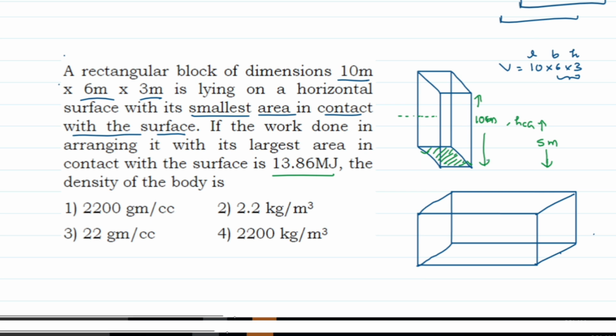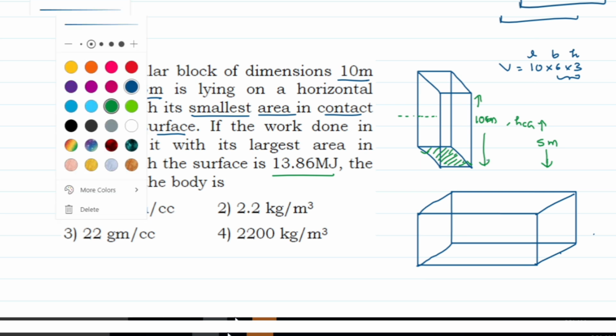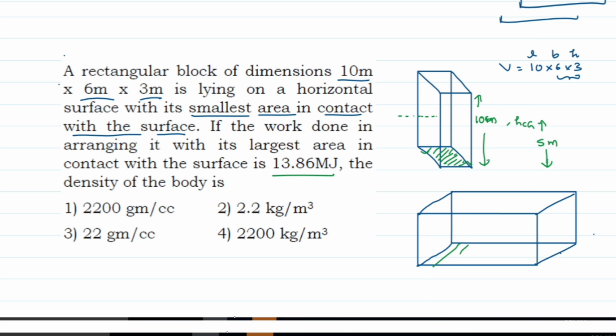This is the area which is going to be in contact with the ground, and the highest area you will be getting as 10 into 6, so 60 meters square is the highest area. Then the remaining is 3 meters, which is the height. And 6 threes are 18 meters square is the lowest area.